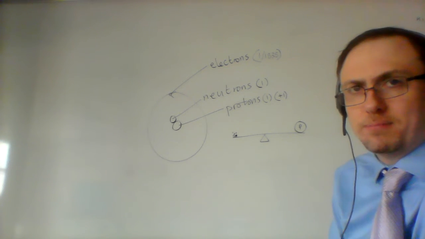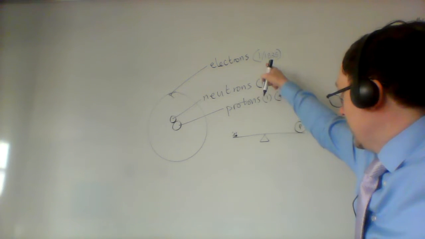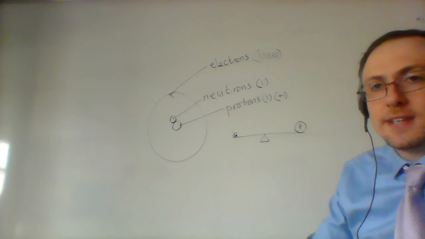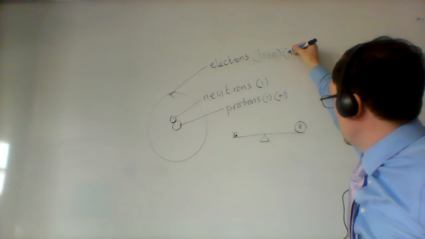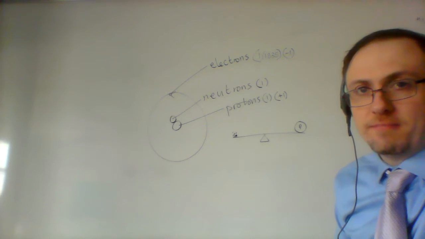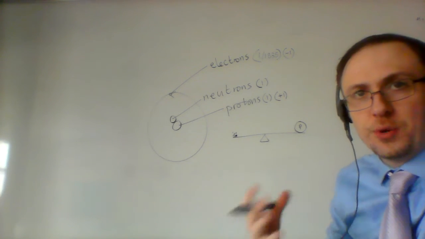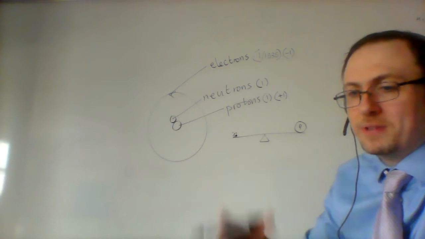It's the number is important as well, because the electron has a charge as well, but it's an opposite and equal charge. So its charge will be -1. Okay? So opposite charges attract, therefore the electrons are going around the nucleus as they are attracted to the nucleus, okay, and orbiting around it.